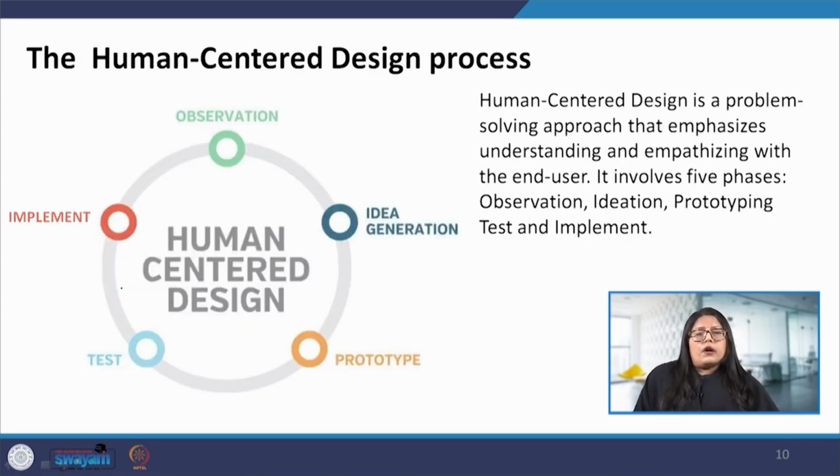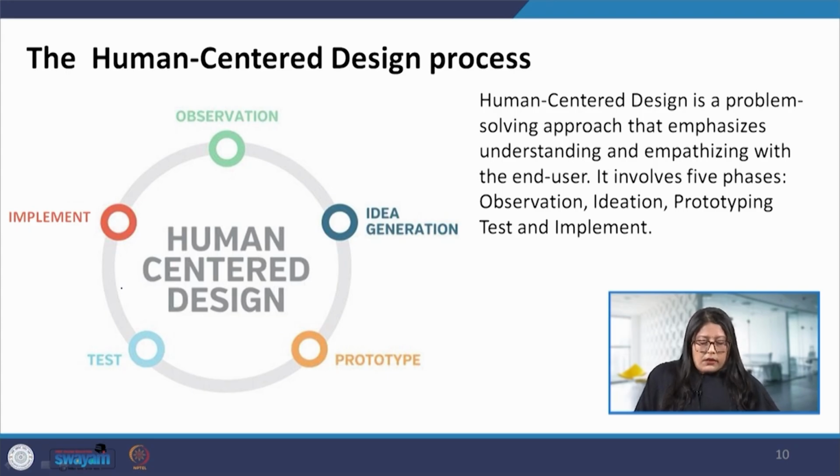Another approach that we use is the human centered design process. As the name suggests, the human is at the center of the process, so the process needs to take into account the human requirements.